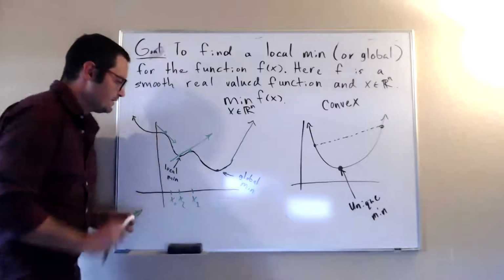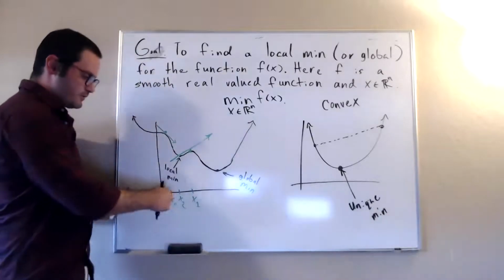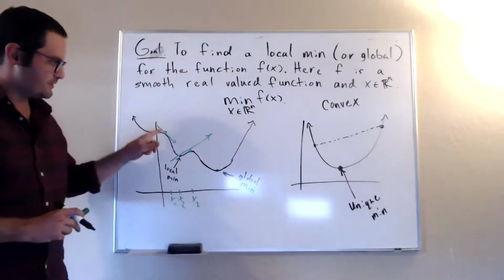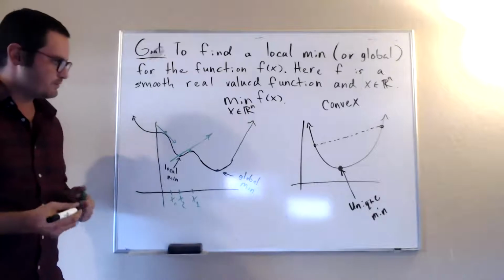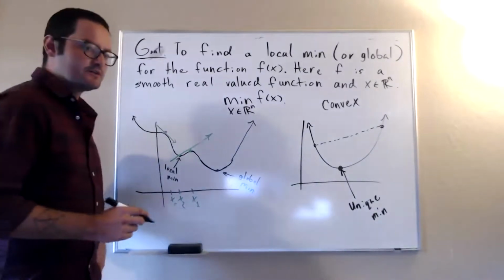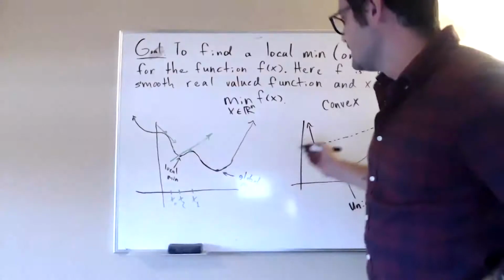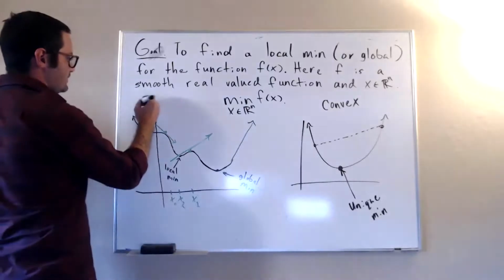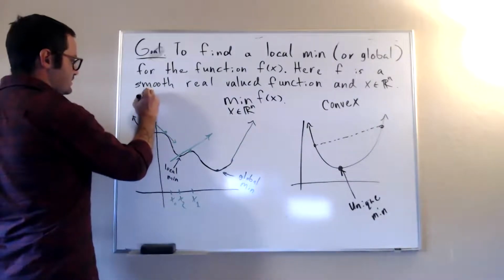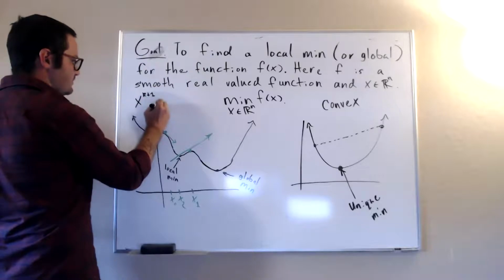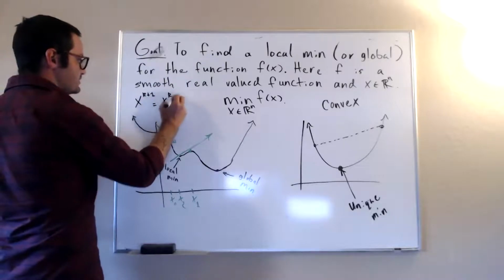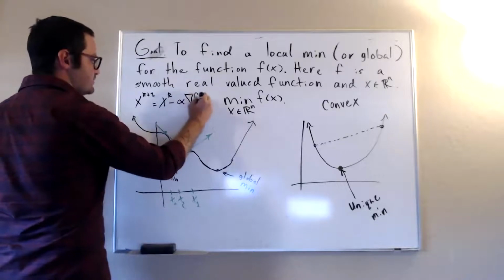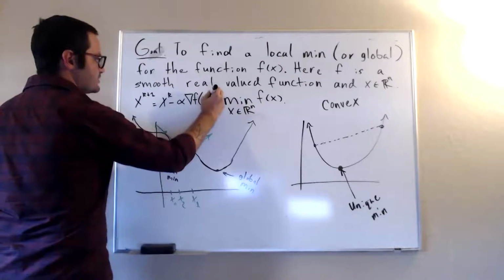Maybe right there. Now, the amount by which we step is going to determine where we land. It's not only the sign of the gradient, but how far we go. So the way this is going to work is you're going to say that our new position is going to be our old position minus alpha times the gradient at the old position.